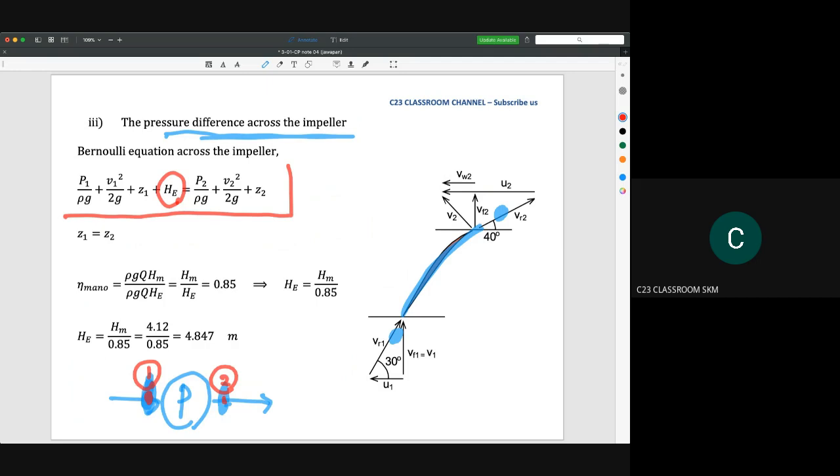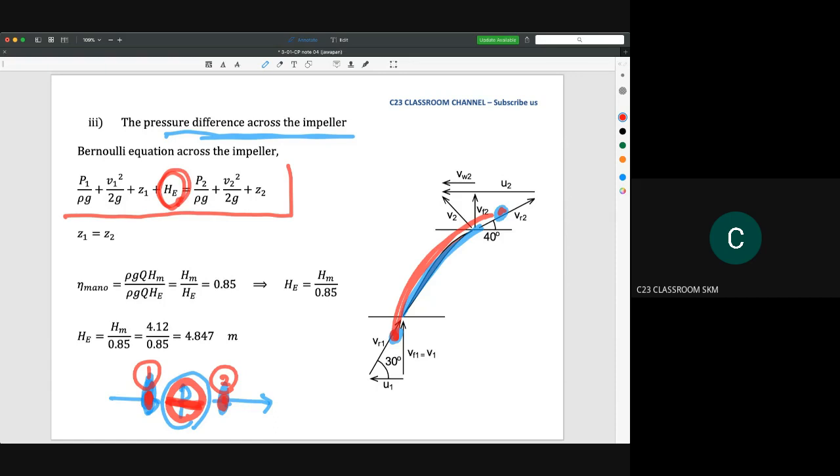Because Euler head is the head that occurs from point 1 to point 2, the head that occurs inside the pump. Because we are only measuring point number 1 and point number 2, the head that occurs here is the pump head inside the pump. So that head is Euler head.